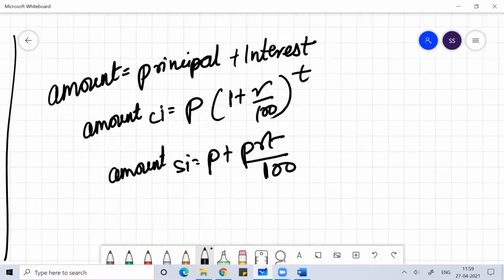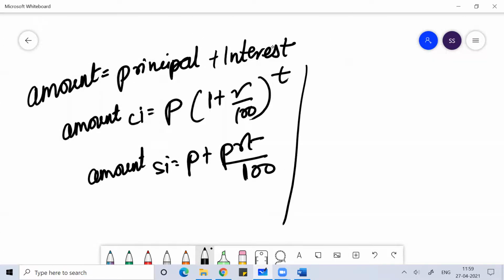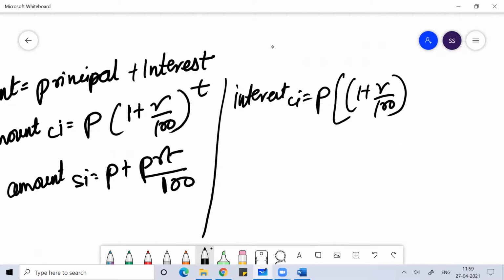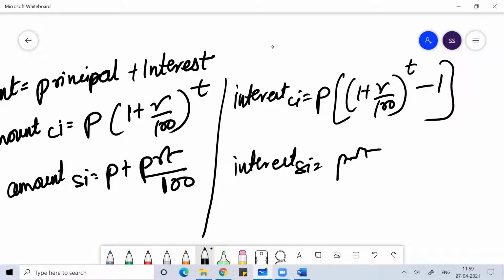The formula of interest in case of compound interest is P, you take common, 1 plus R by 100 to the power T minus 1. Your formula of interest in case of simple interest is P into R into T by 100. So remember this.